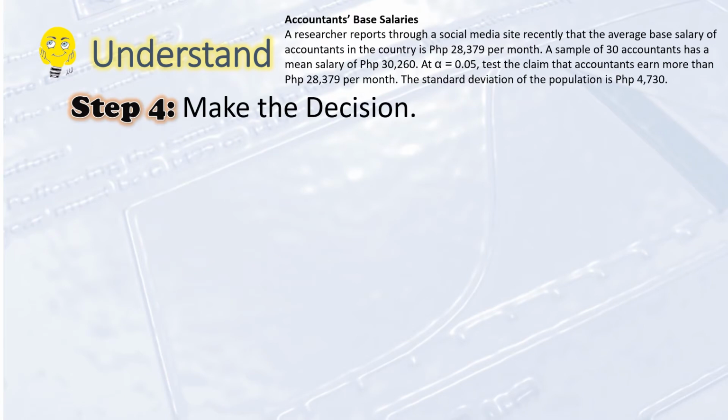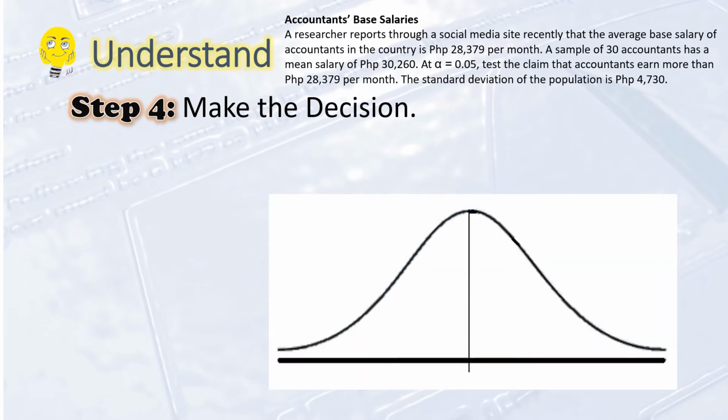Step number 4, we make the decision. From step number 2, we identify the critical value as 1.65, and the area to the right of that 1.65 is 0.05. To the left of the z critical value is 0.9500.